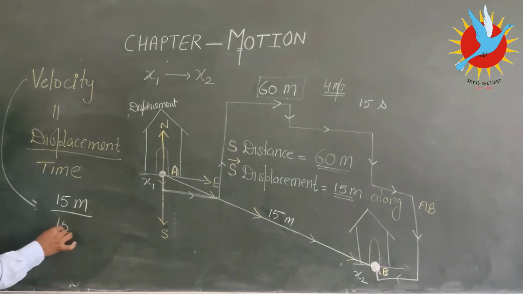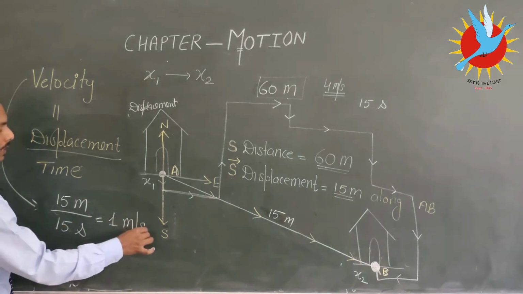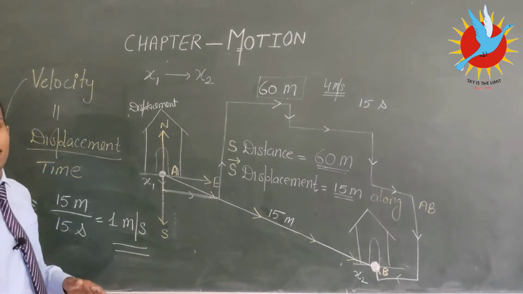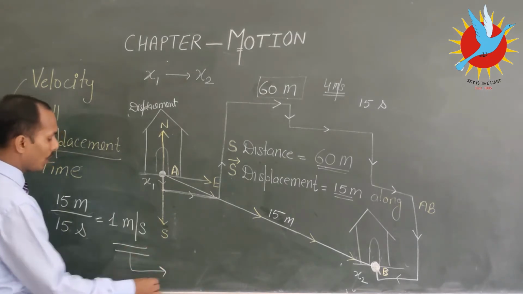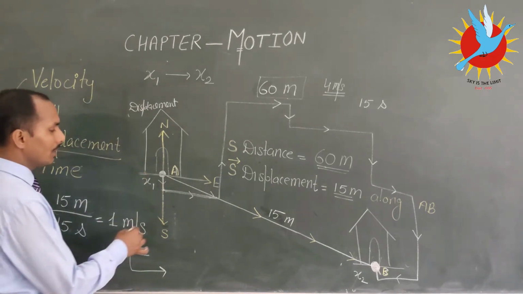Dividing by 15 seconds, you get 1 meter per second. This 1 meter per second is a velocity, but it should have a direction. Because we know displacement has direction, you give the direction.